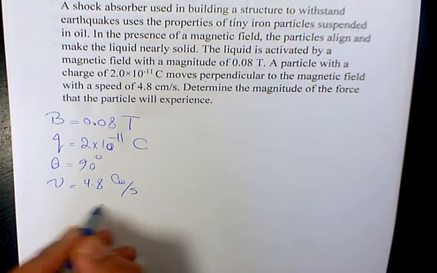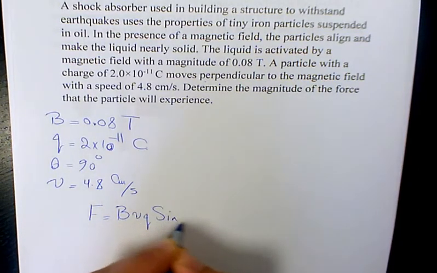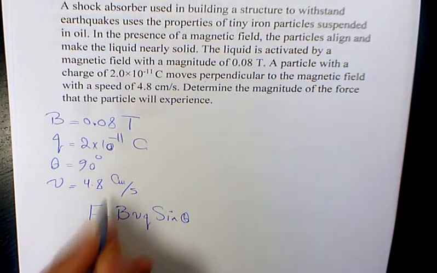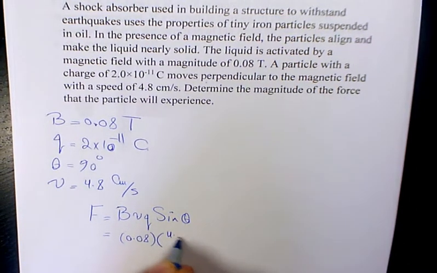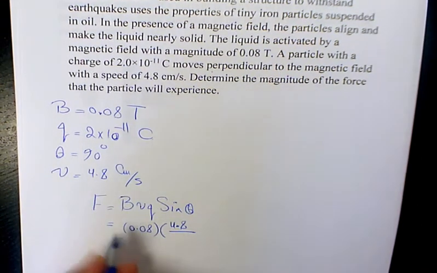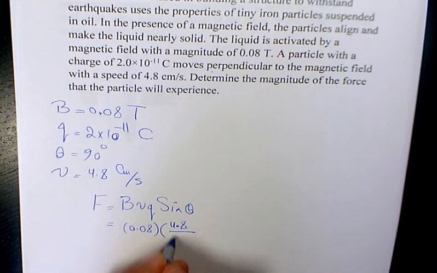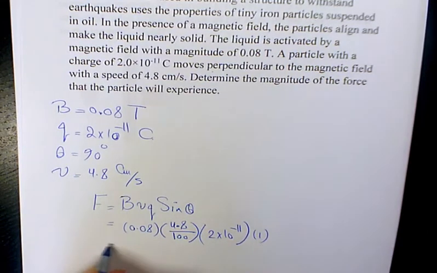Like the previous example, F equals B V Q sine theta. B is 0.08, V is 4.8, and it is in centimeters per second. We need to convert it to meters per second, so I need to divide it by 100. Q is 2 times 10 to the power of negative 11, and sine 90 is 1.